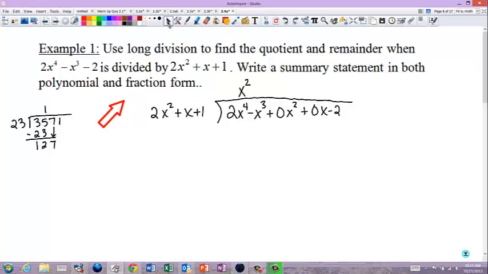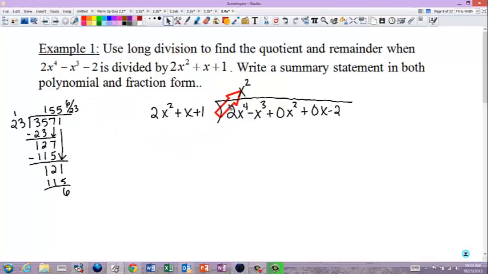How many times does 23 go into 127? Maybe 4, maybe 5. 5 times 3 is 15, carry the 1, 5 times 2 is 10, plus 1 is 11, and you'd subtract all the way across, get 12, drop your 1, and do 5 again. 5 times 23 is 115, and 6 would be my remainder, so you would say 6 over 23.